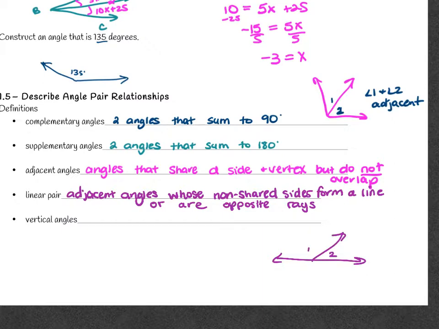So angle 1 and 2 here would be a linear pair. And if they're a linear pair, they sum to 180. They're supplementary.